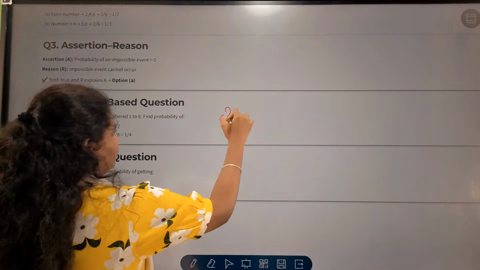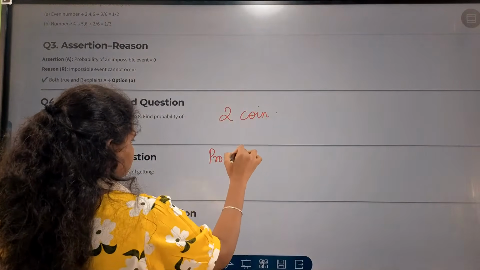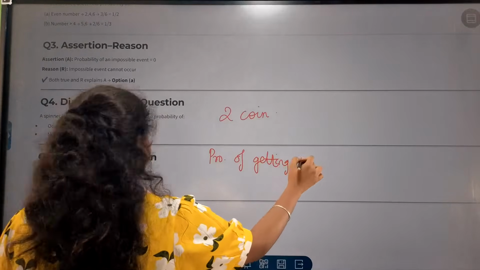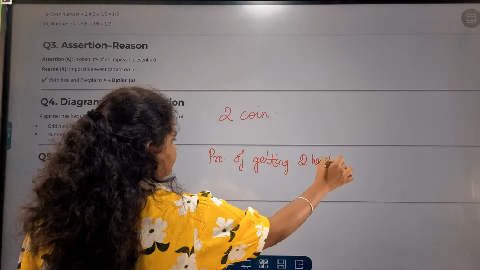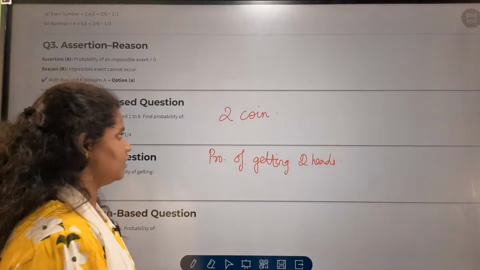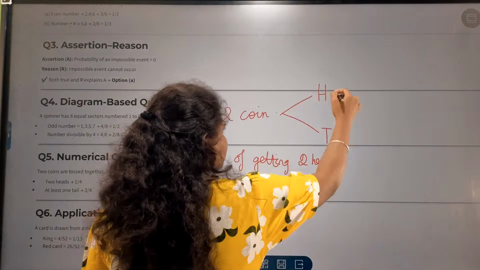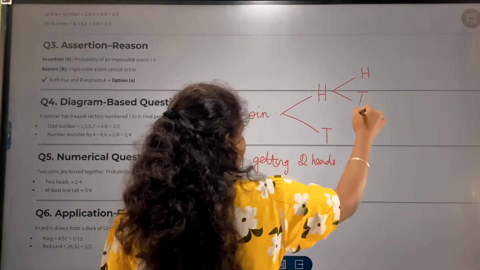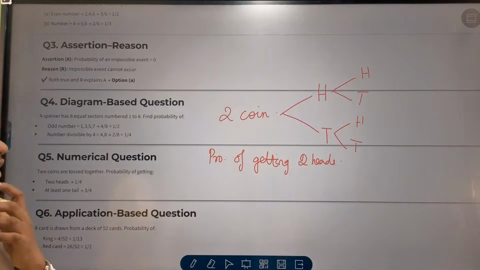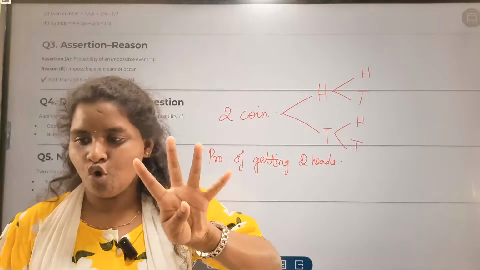See, if I toss two coins, the probability of getting two heads. See, the favorable case divided by the sample space, right? So head tail. In this, we have to throw head tail, right? So if I throw two coins, the total sample space will be 4, right?